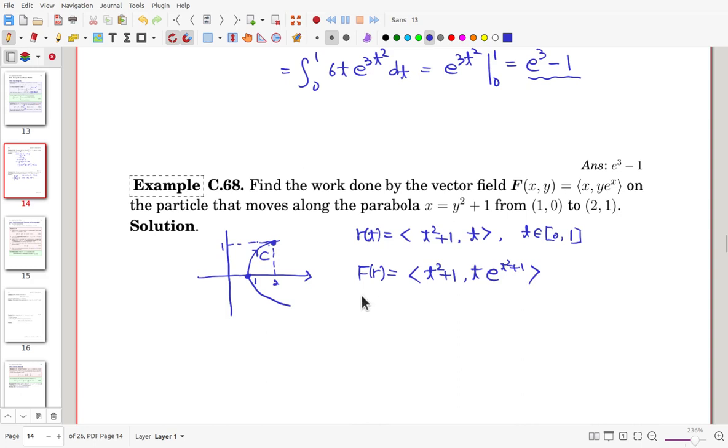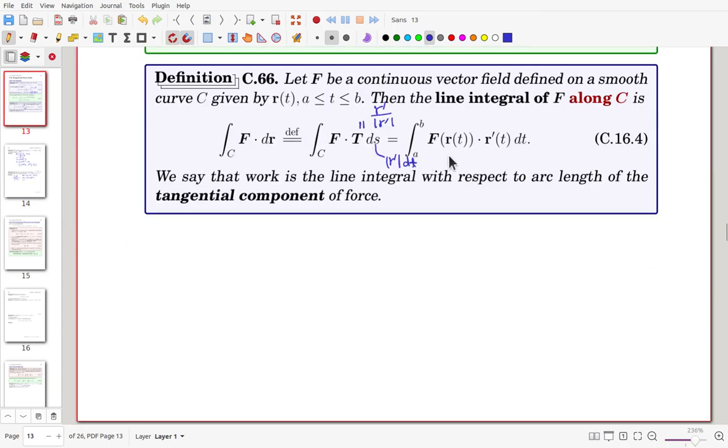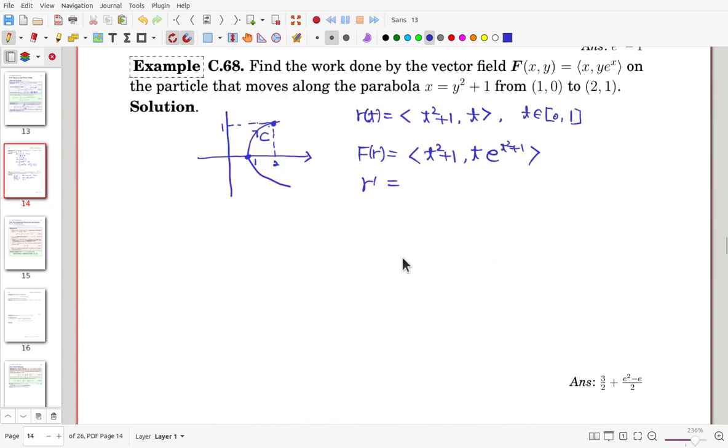And we have to have r prime. Okay, we are trying to use this formula, f of r dot r prime, and integral from a to b. So you have to get r prime. That is 2t from this one, and 1. So they are a dot product.